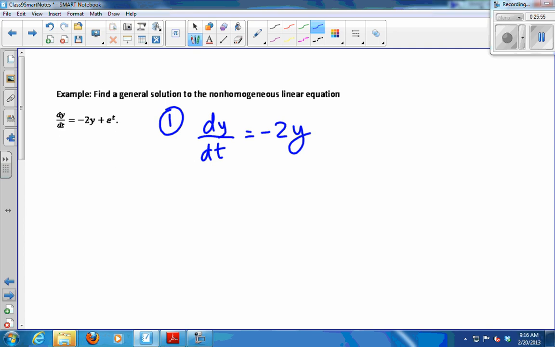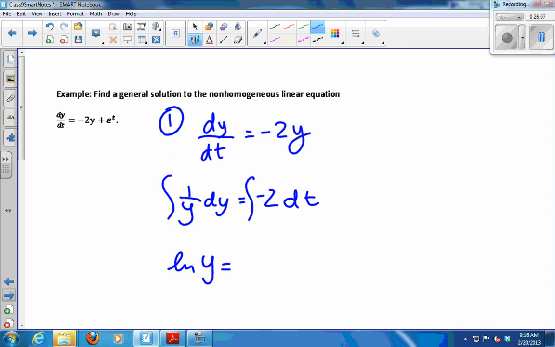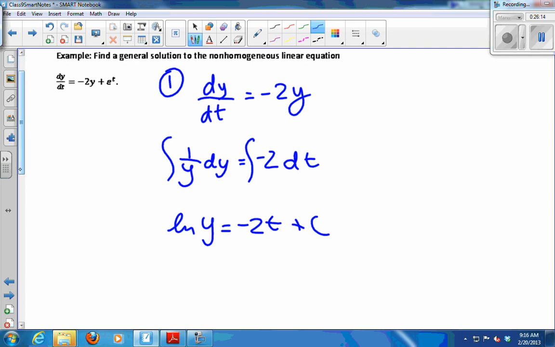So I get 1 over y dy equals negative 2 dt. Integrate. Ln y equals negative 2t plus c. Raise e to both sides, and I get y equals k e to the negative 2t.